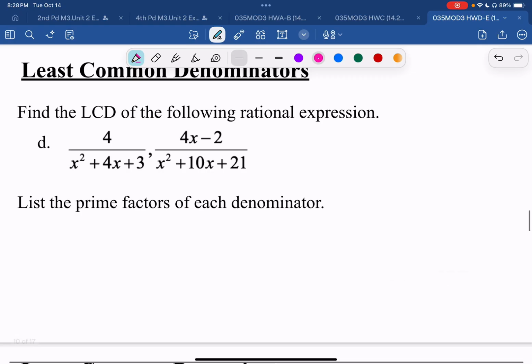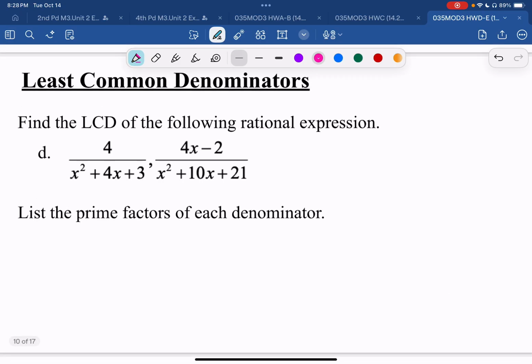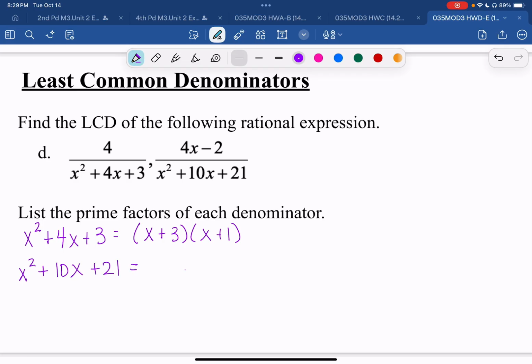Okay. All right. So we got to factor these. So x squared plus 4x plus 3 factors into x plus 3 and x plus 1. Okay. x squared plus 10x plus 21 factors into x plus 3 and x plus 7.